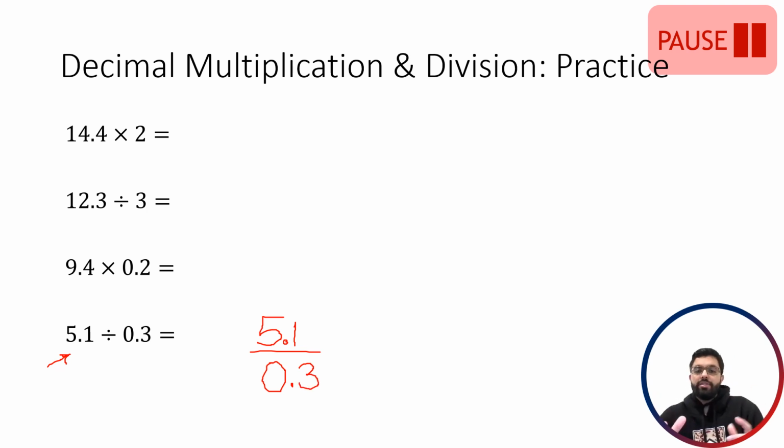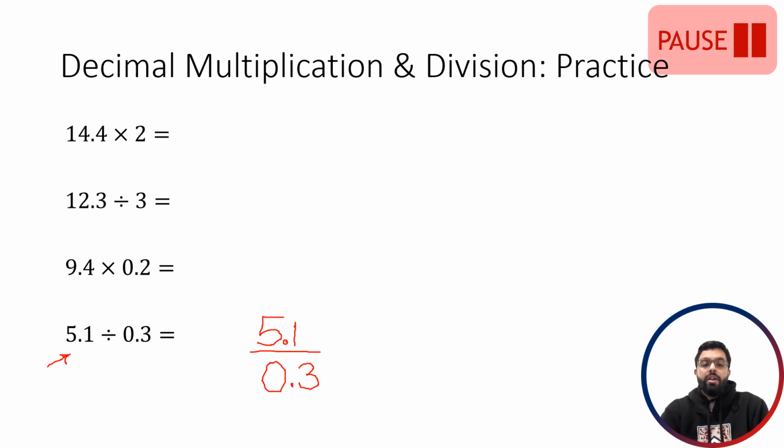And the reason I'm writing it out as a fraction is because here's where it's easy to see that if you do something to the top number, if you multiply or divide it by a certain quantity, then you have to multiply the other one by that exact same quantity, or divide, depending on what you're doing. So for instance, I want to turn this 0.3 down here into a 3, not 0.3. I want to make it a whole number.